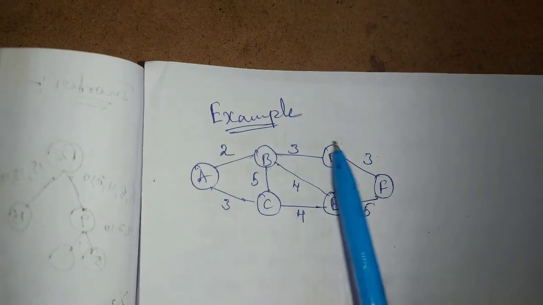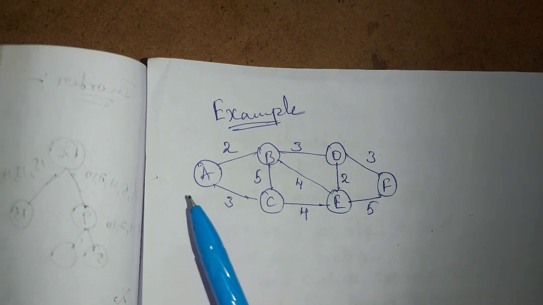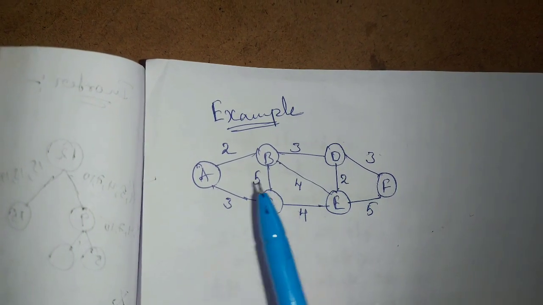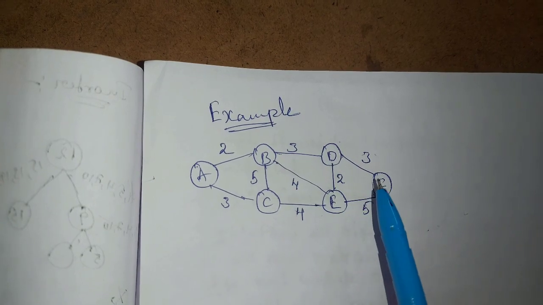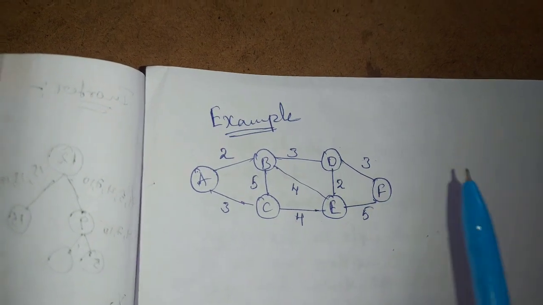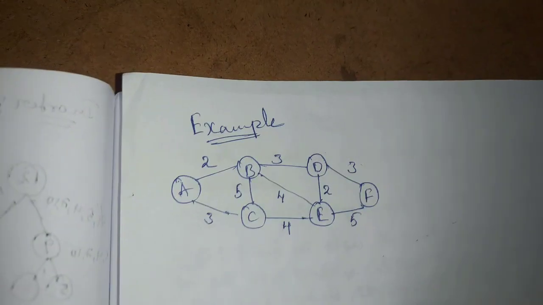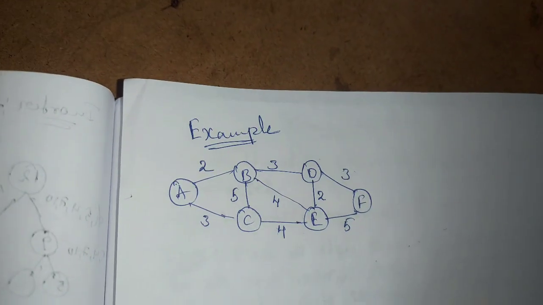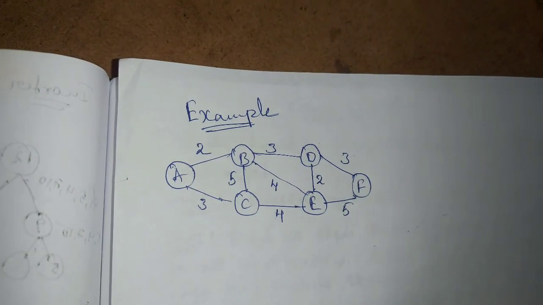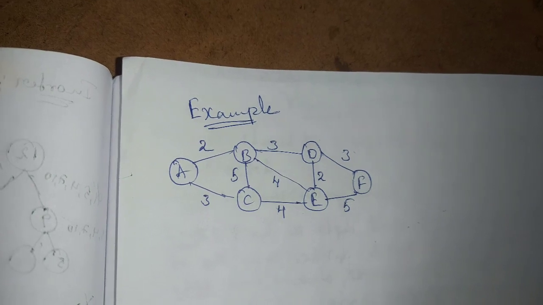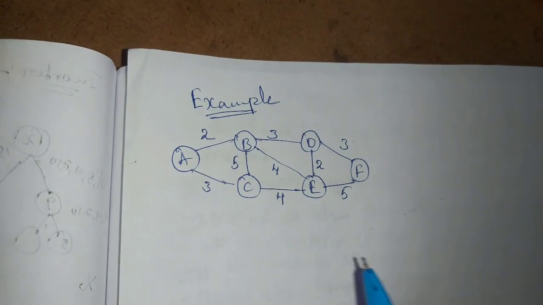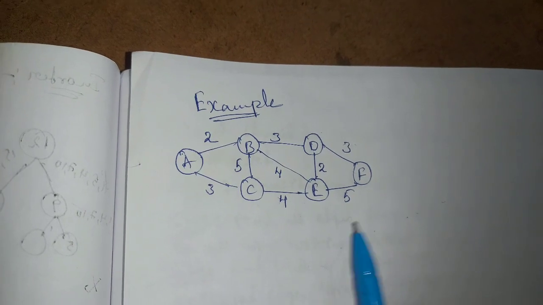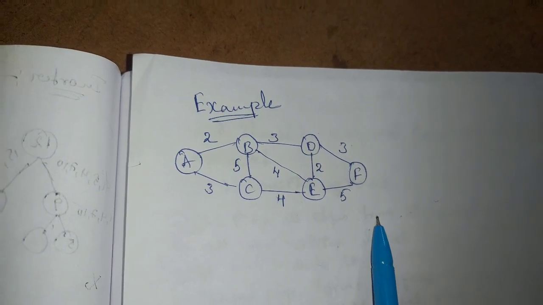Here in this graph there are 6 vertices and 1, 2, 3, 4, 5, 6, 7, 8, 9 edges. So we have to see the 6 vertices and 6 minus 1 edges. That is the formula for creating the spanning tree.